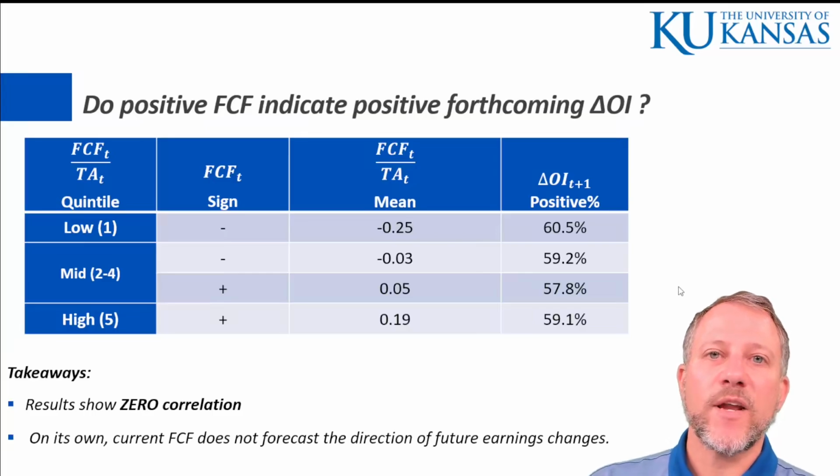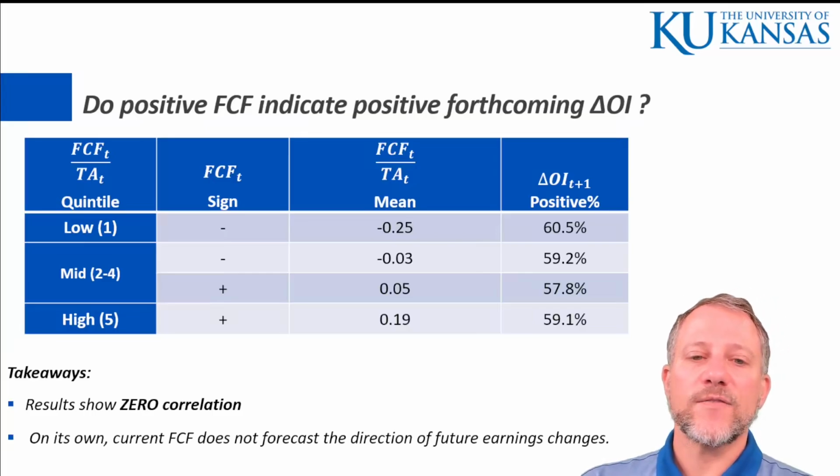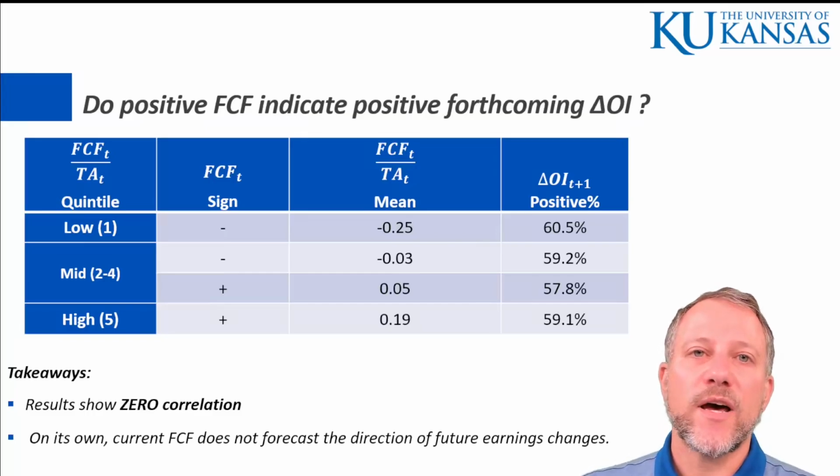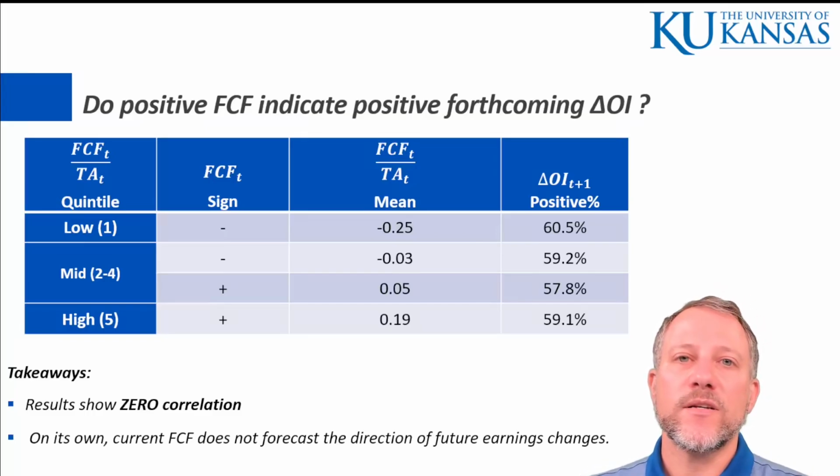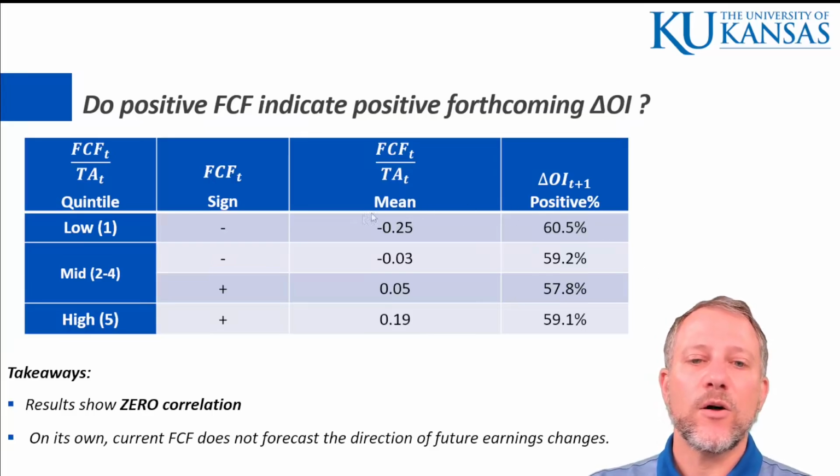Let's look at the same analysis but for free cash flows. We did the same exercise. Every year we sorted companies into quintiles based on their level of free cash flow relative to total assets. The lowest quintile has negative free cash flows, whereas the highest quintile has positive free cash flows.